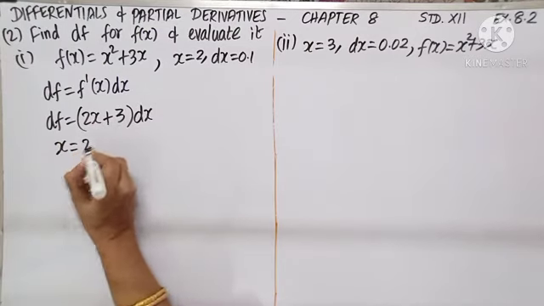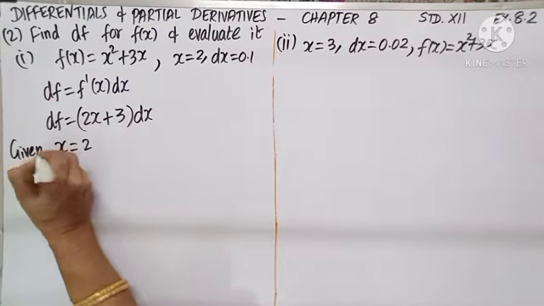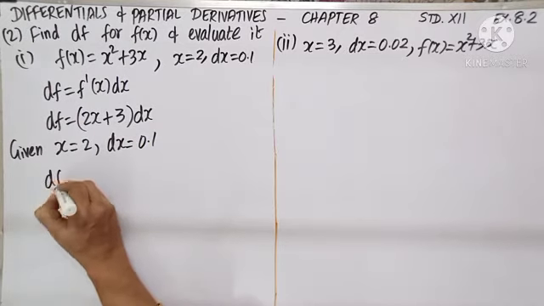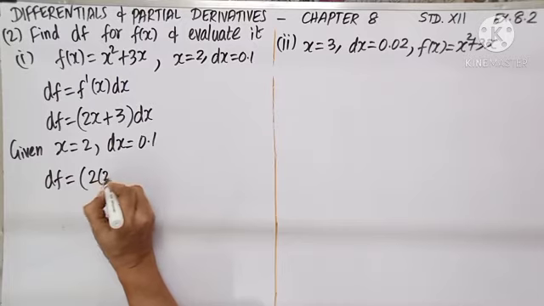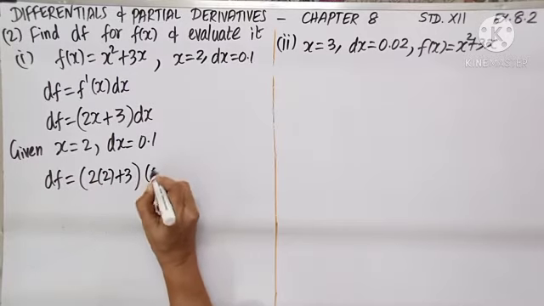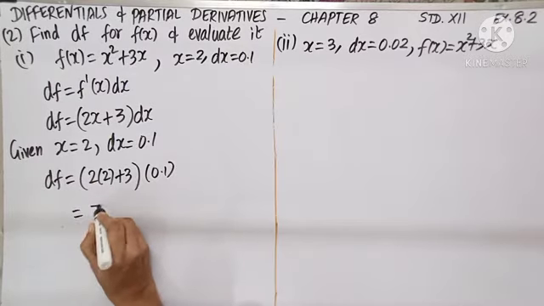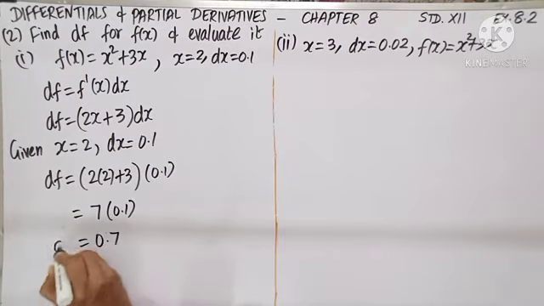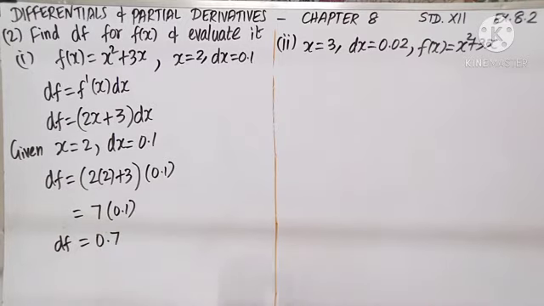Given x is equal to 2 and dx equals 0.1. So df equals 2 into 2 plus 3, into 0.1. 7 into 0.1, so the answer is 0.7.